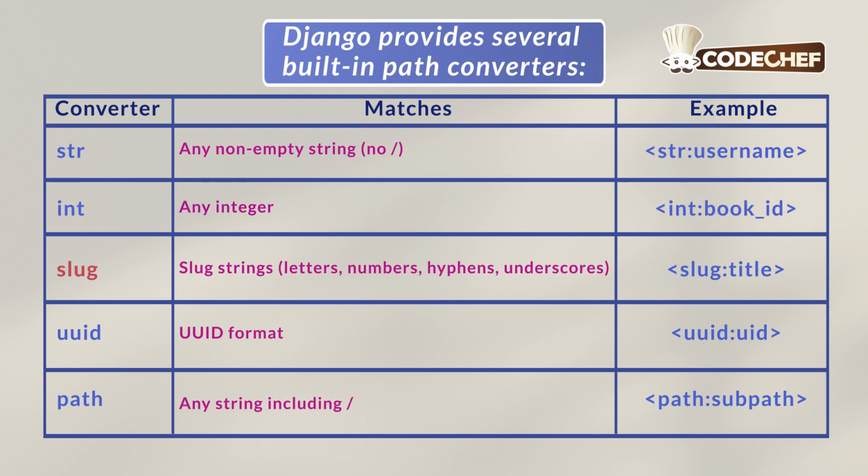Then we have slug, which matches letters, numbers, hyphens and underscores. And then we have UUID, which is for UUID format, and this is the example for that. And then we have path, which matches any string including the slash. So remember, str does not match the slash, but path will match the slash as well. And this is the example for using the path converter.